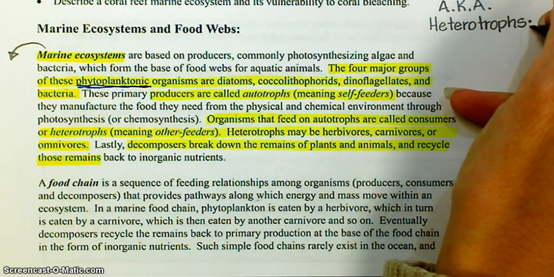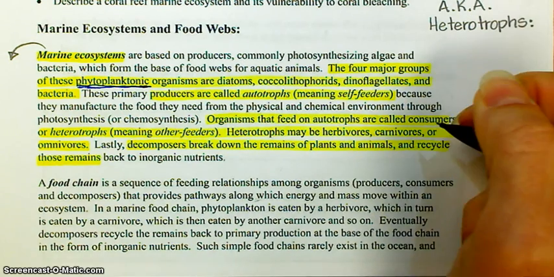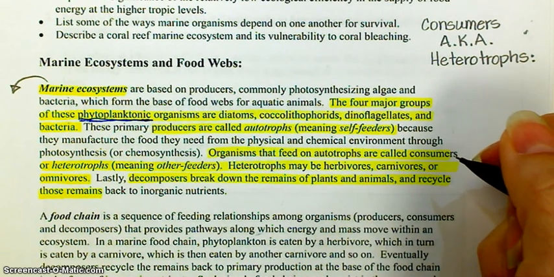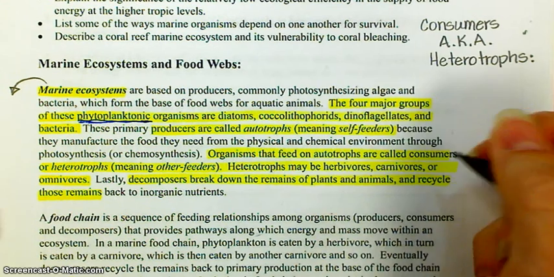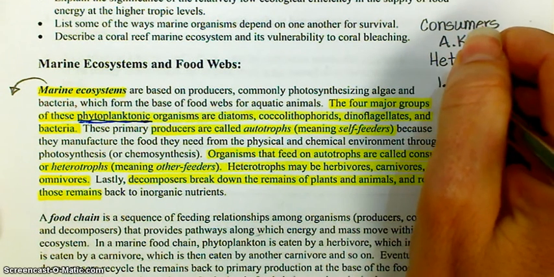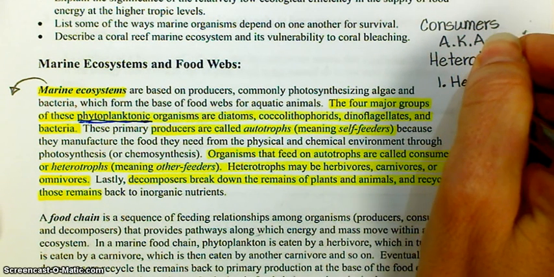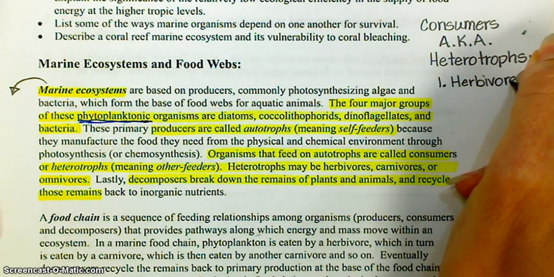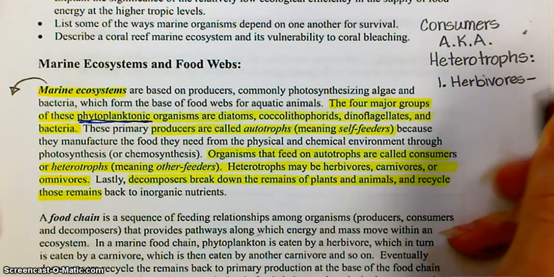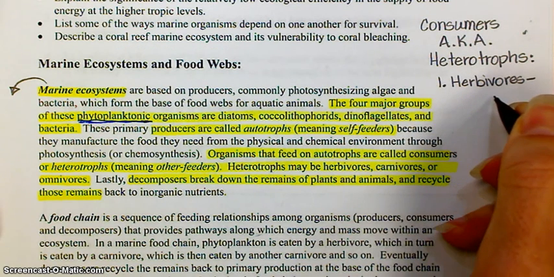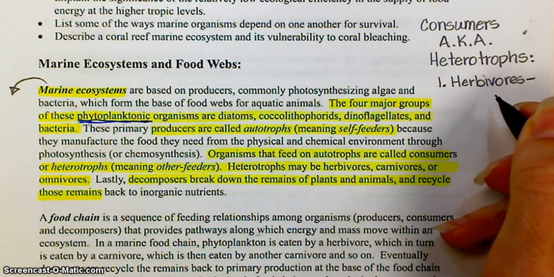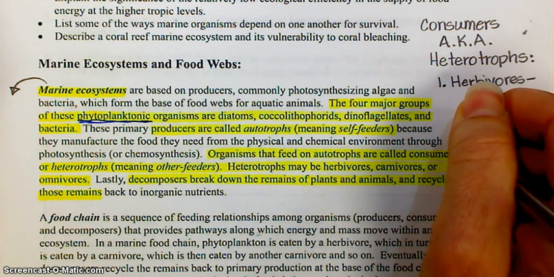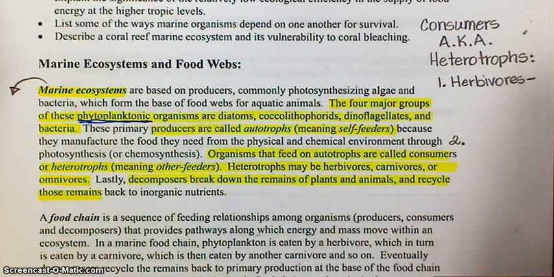Okay? And that you have three types of heterotrophs that we mentioned, okay? Number one, herbivores. And you're going to write eat producers, like plants and phytoplankton. Okay.